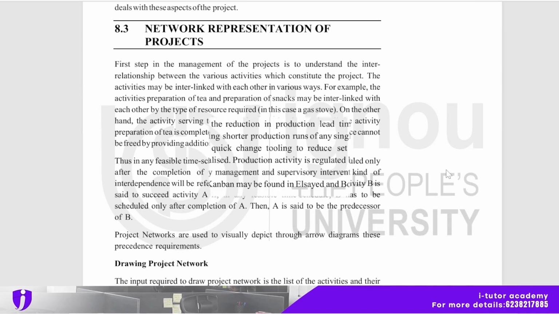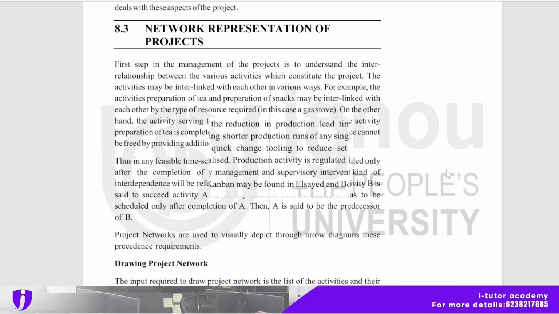The first step in the management of the project is to understand the interrelationship between the various activities which constitute the project. And the activities may be interlinked with each other in various ways. For example, the activities preparation of tea and preparation of snacks may be interlinked with each other by the type of resource required.